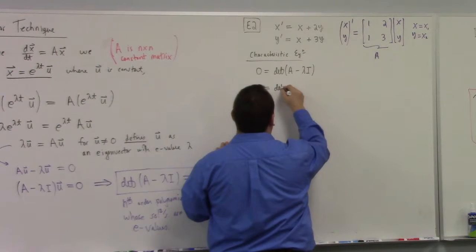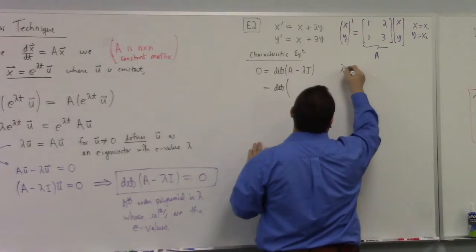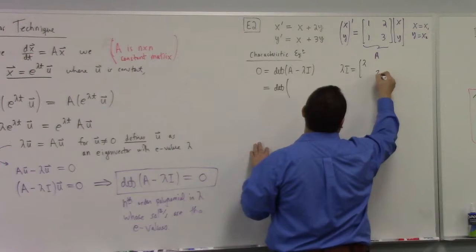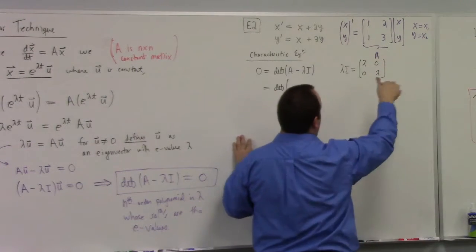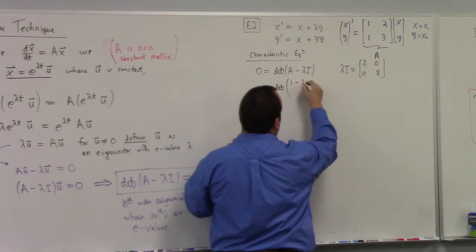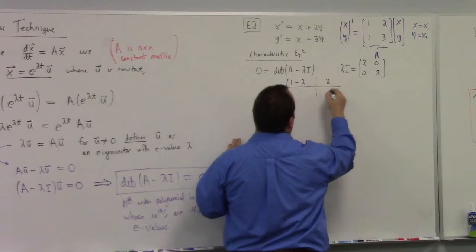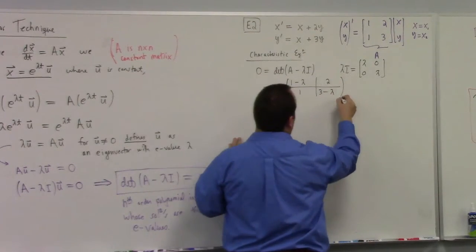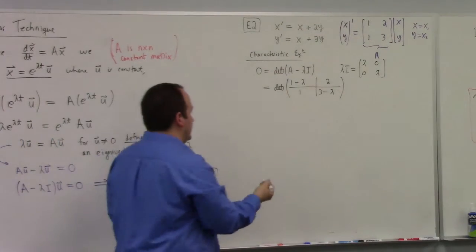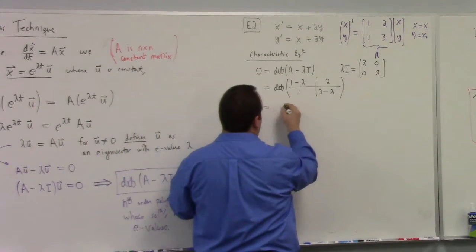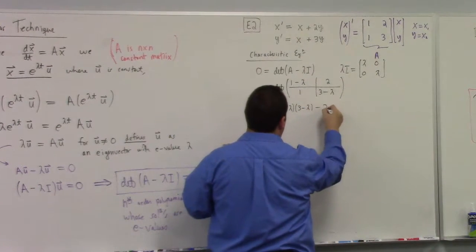So we're looking at the determinant of lambda I, which is lambda with zeros, so all that amounts to is subtracting lambda off the diagonal. I get 1 minus lambda, 2, 1, 3 minus lambda. You know how to calculate determinants. This is 1 minus lambda times 3 minus lambda minus 2.